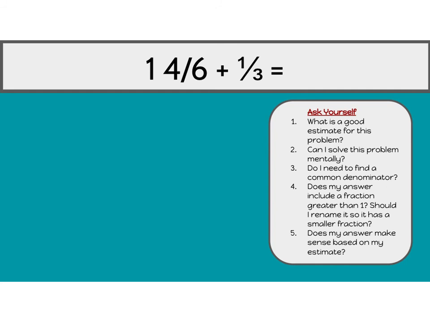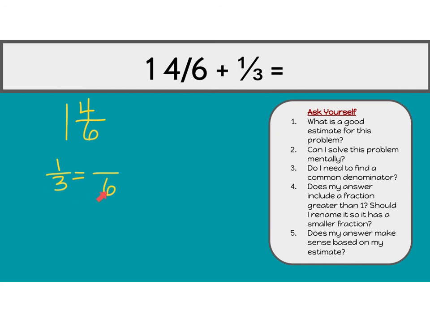So we're going to take the 1 4/6 and we're going to leave that alone. But we're going to take our 1/3 and we're going to turn it into a fraction that has a denominator of 6. So what do I do to 3 to turn it into 6?